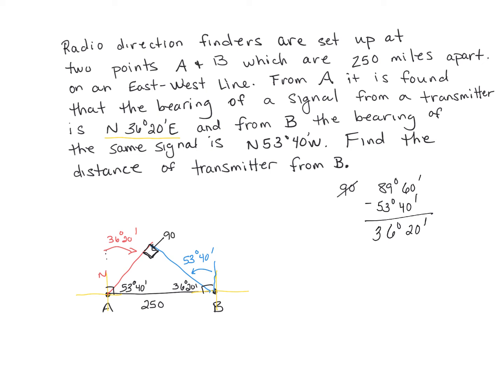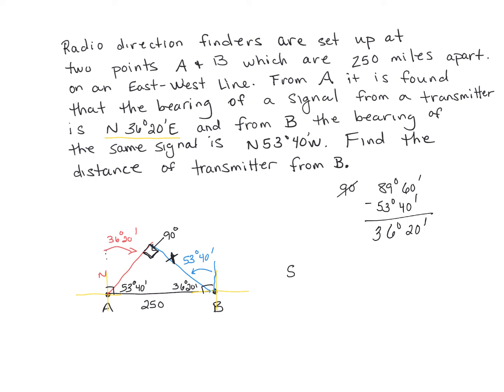So in this particular case, I don't have two sides. I only have one side, and I have some angles. And I'm looking for the distance from transmitter to B, which is this blue line here, x. So I have all of the angles in here, so I could really use any trig function that I wanted. I'm going to go ahead and use sine.